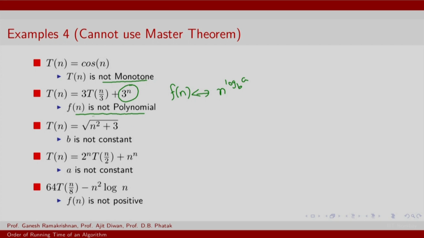It all boils down to writing down these expressions here and identifying possible exponents for n, but in neither case will you find n of the form n raised to log base b of a for constant a or constant b. And finally, here is an interesting case where f(n) is not even positive, and that isn't a case that the master theorem can handle.